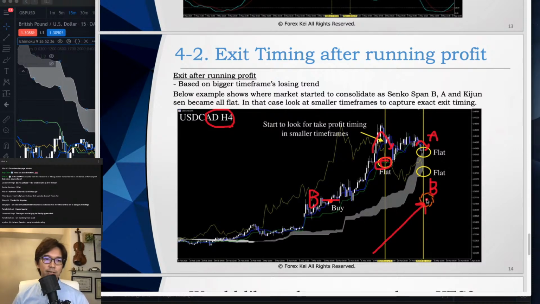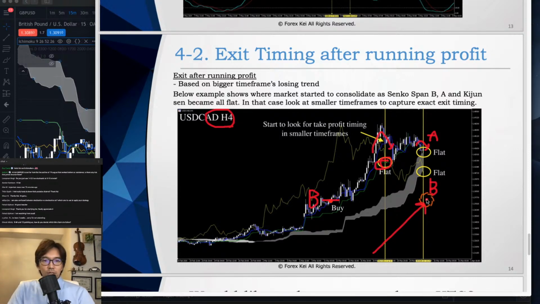I don't fix the take profit line, because I don't know how far the price keeps going up. It might go up to 100 pips above, or it might go over 100 pips.